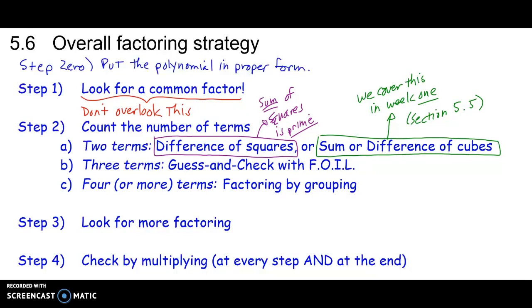There are some shortcuts and some formulas, but they don't make you any faster. If you ever want to be able to do these quickly, which is sort of the point, you need to practice. So for this topic, guess and check using FOIL, you have to practice and practice and practice.